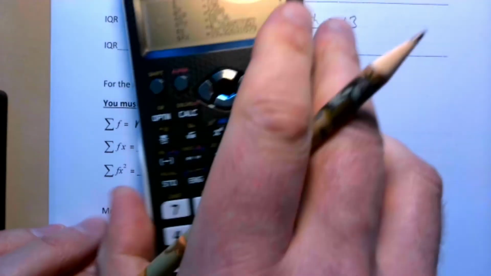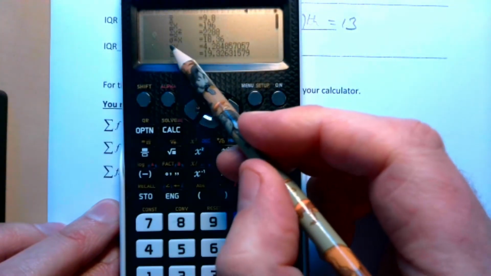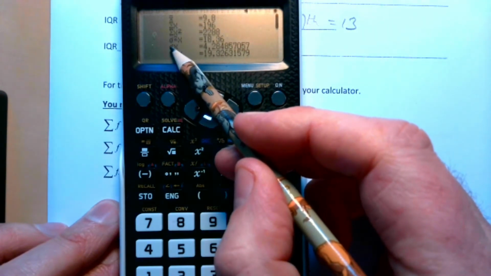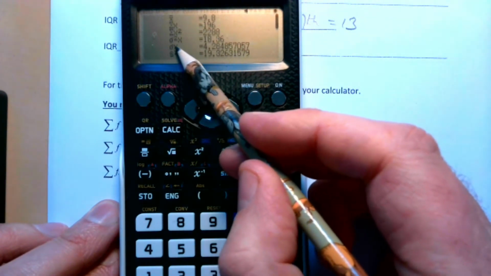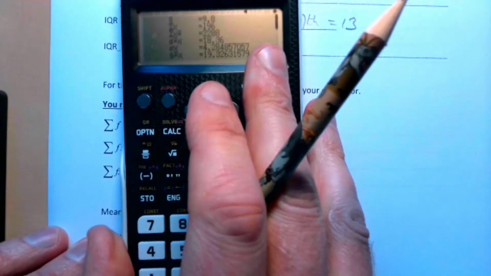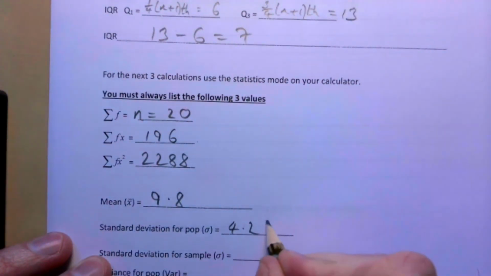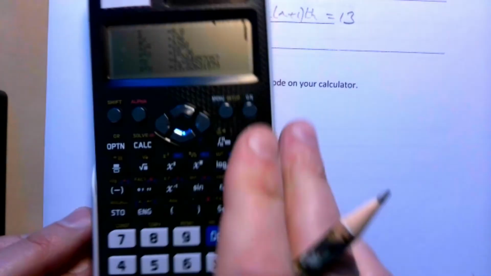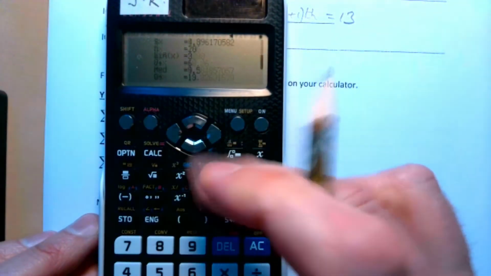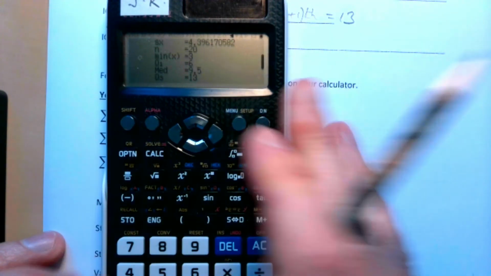Our standard deviation for population, there's standard deviation of population, that wee one there, so it's 4.28. Standard deviation for sample, the sample then is 4.396.